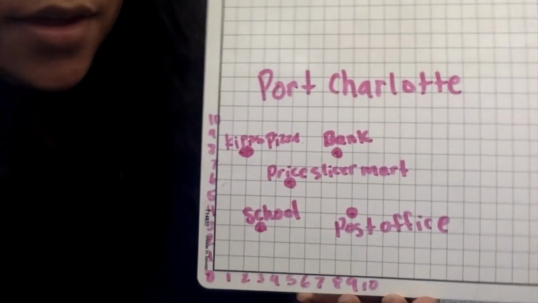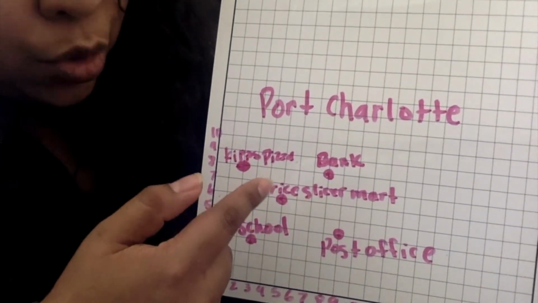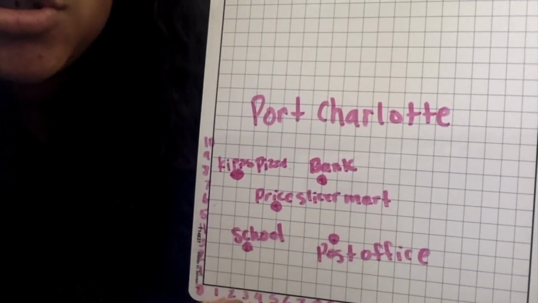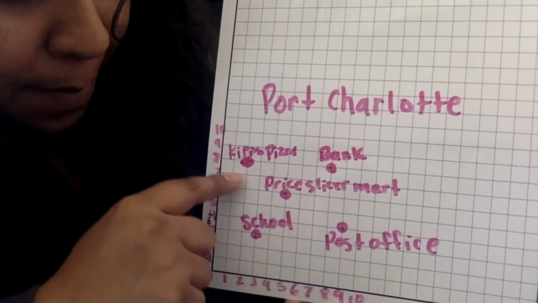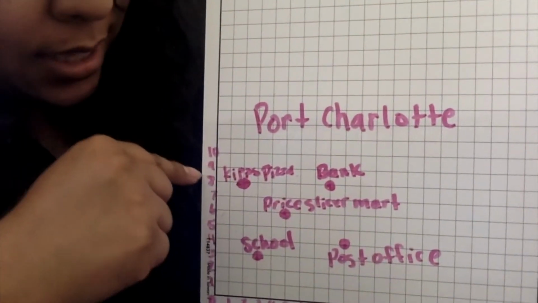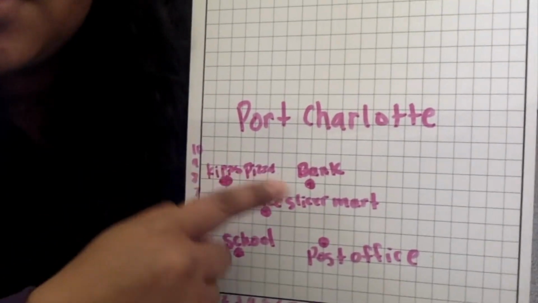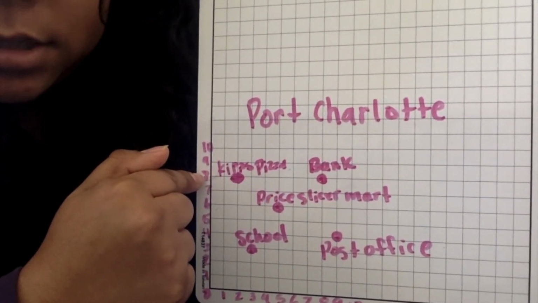So each x-axis or each y-axis is like a street, okay? So if we're thinking about Kip's Pizza and the bank, these are both on the y-axis of 8. So that means these are both on the same street, 8.